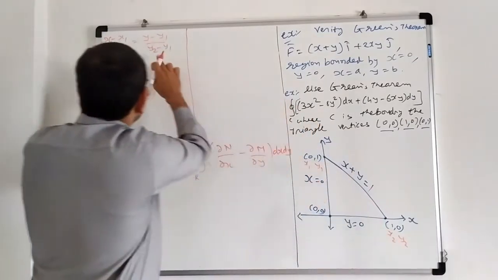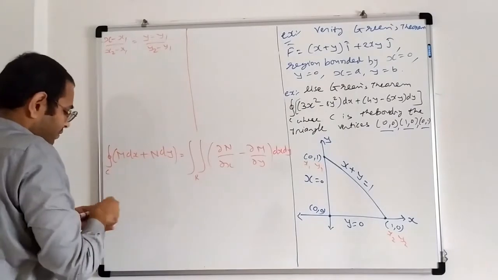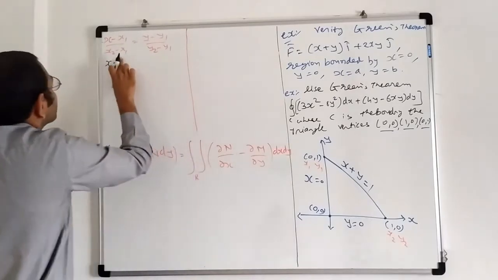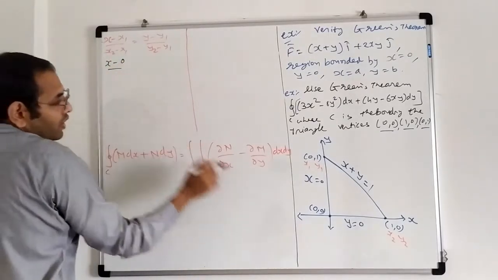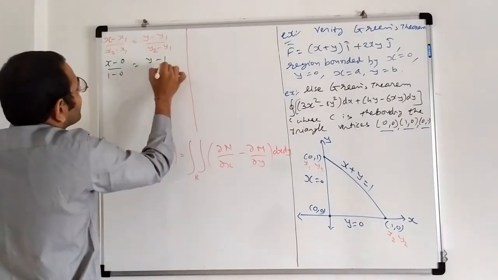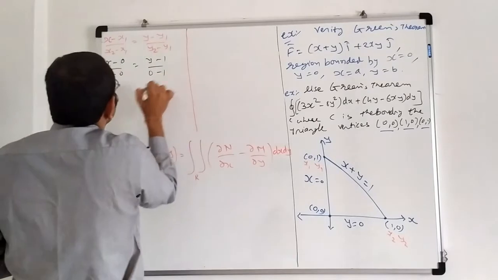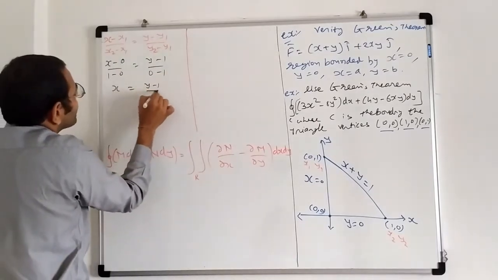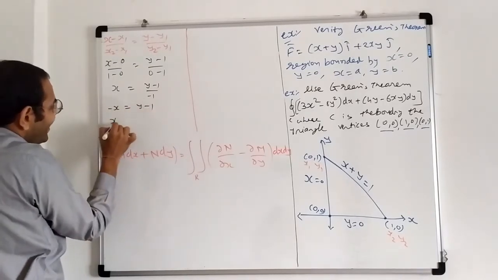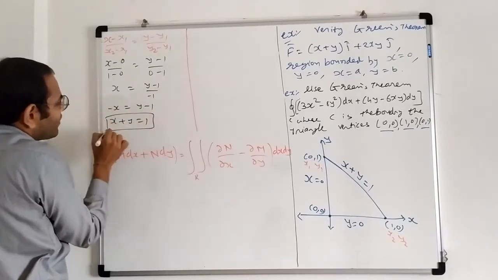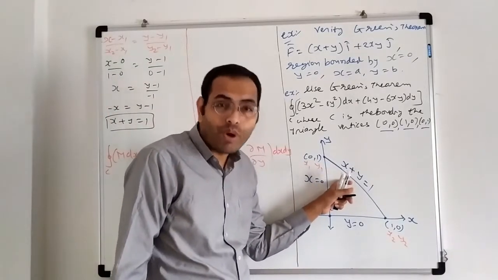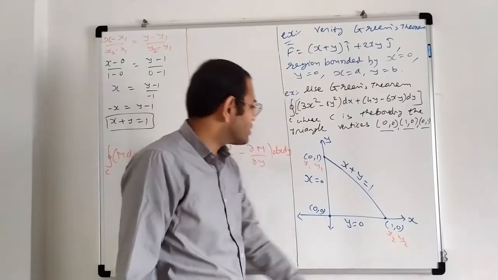Substitute these values in this equation: x minus x1, where x1 is 0, x2 is 1, so 1 minus 0; y minus y1, where y1 is 1, y2 is 0, so 0 minus 1. Then we get x equal to (y minus 1) by minus 1, so minus x equal to y minus 1, then x plus y equal to 1. That is the equation of the straight line passing through the points (0,1) and (1,0).